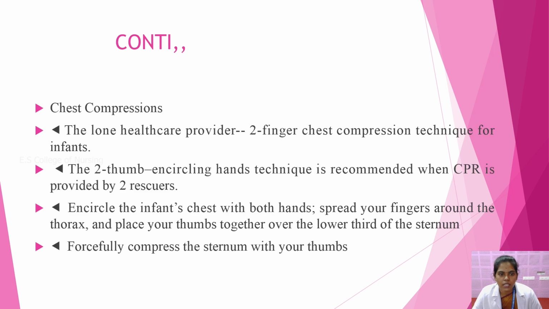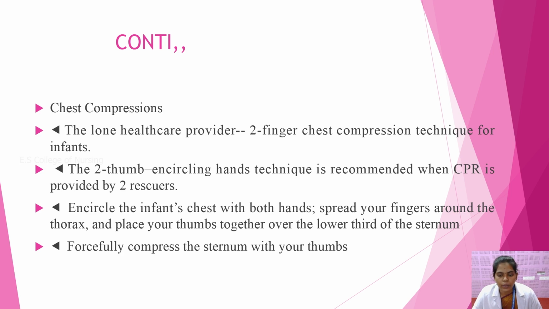Next is chest compression. A lone healthcare provider uses the 2-finger chest compression technique for infants. The 2-thumb encircling hands technique is recommended when CPR is provided by two rescuers. Circle the infant's chest with both hands, spread your fingers around the thorax and place your thumbs together over the lower third of the sternum.